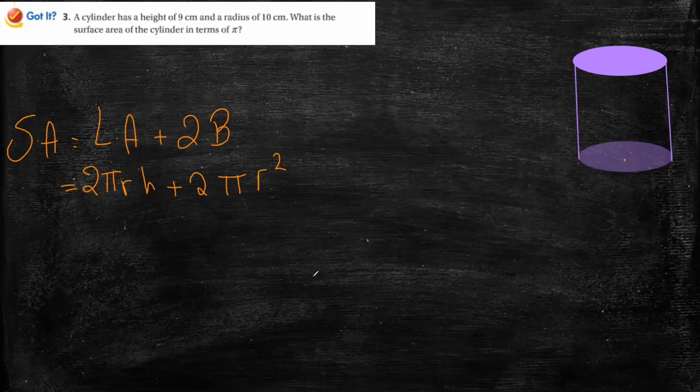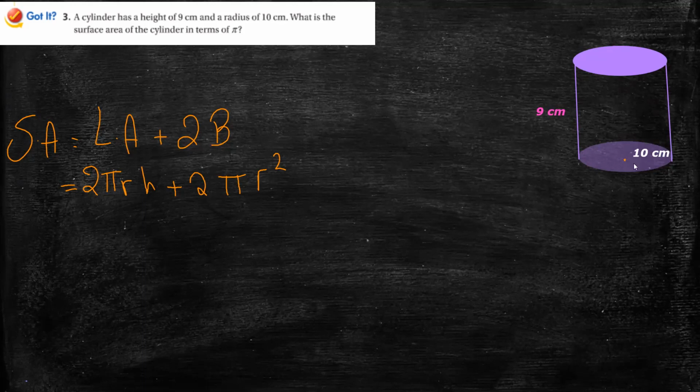The height is 9 and the radius here is 10 centimeters. So here the height is 9 and the radius is 10.